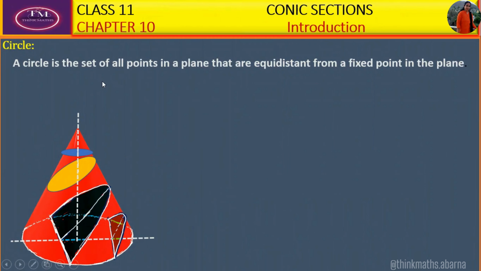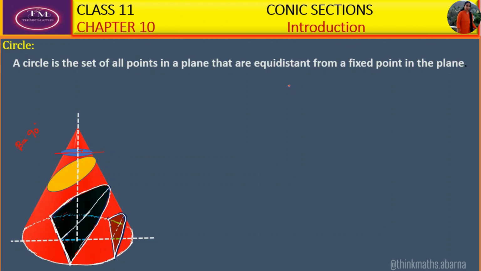Yes. What is a circle? A circle is the set of all points in a plane that are equidistant from a fixed point in the plane. So in a cone, we get this circle when beta is 90 degrees.